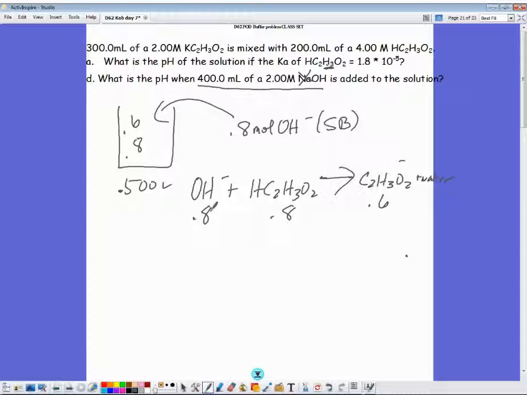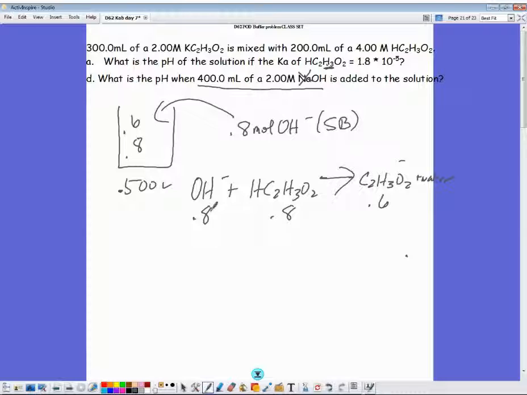Who's my limiting reactant? Both. There's no excess here. That means there's a complete reaction. Nobody's left over. You know what we call that in an acid-base titration?